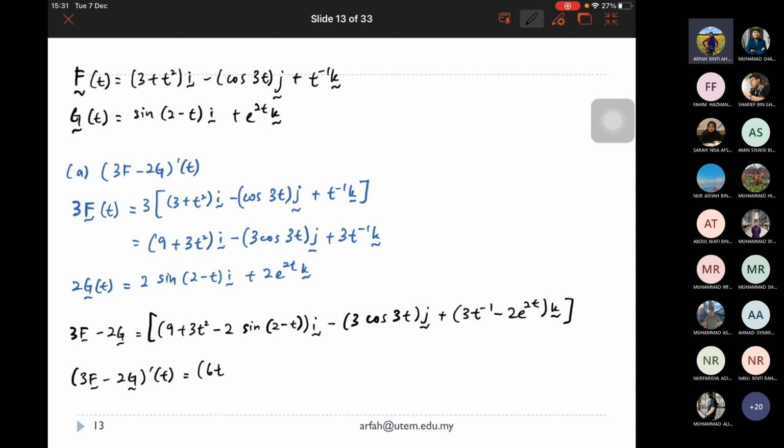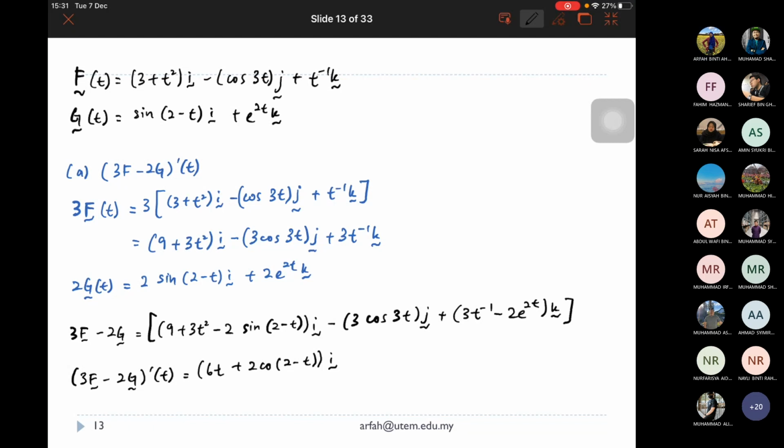Negatif 2 sin 2 tolak t akan jadi tambah 2 cos 2 tolak t. Okay. i. Okay. Bezakan negatif 2 sin 2 tolak t. Bezakan terhadap sin, lepas tu bezakan yang dalam dia dekat kurungan tu, 2 tolak t. So dapat negatif. That's why dia jadi tambah.